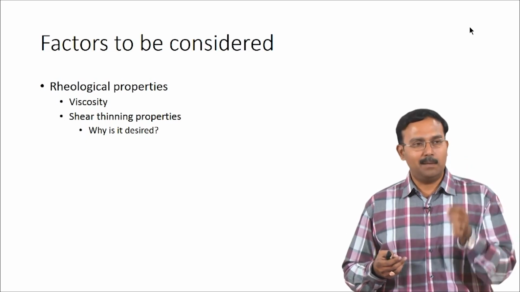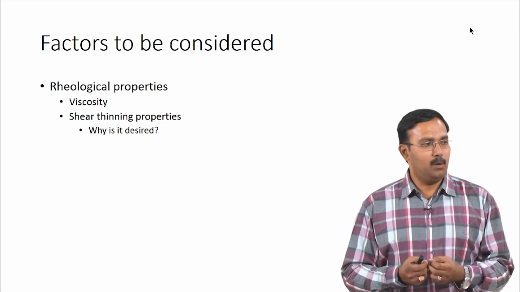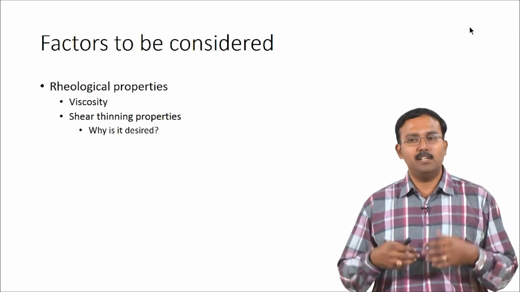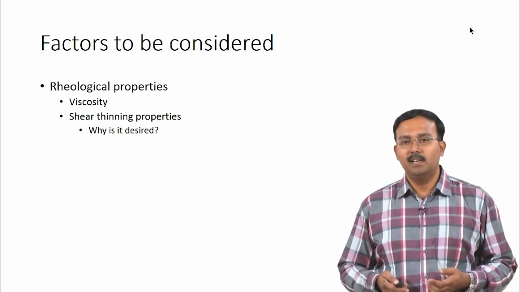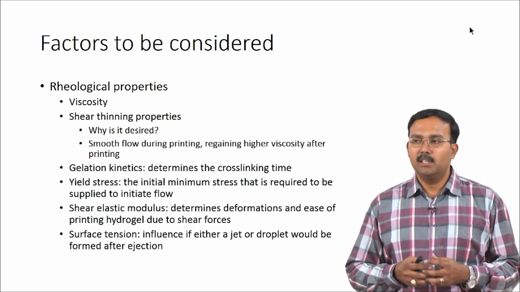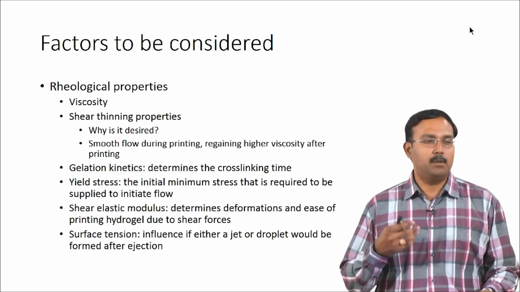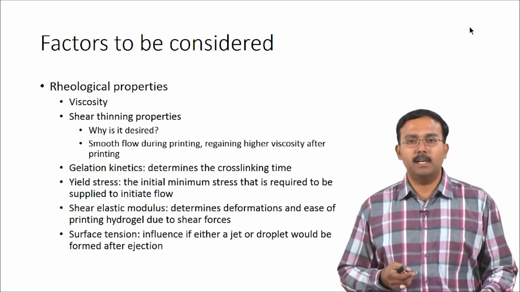So it comes out with a much better fluid flow, and once it comes out, the shear is gone, so its viscosity goes up and it can form its original shape more easily. The viscosity can be regained after printing. That is why people look for shear thinning liquids for printing.